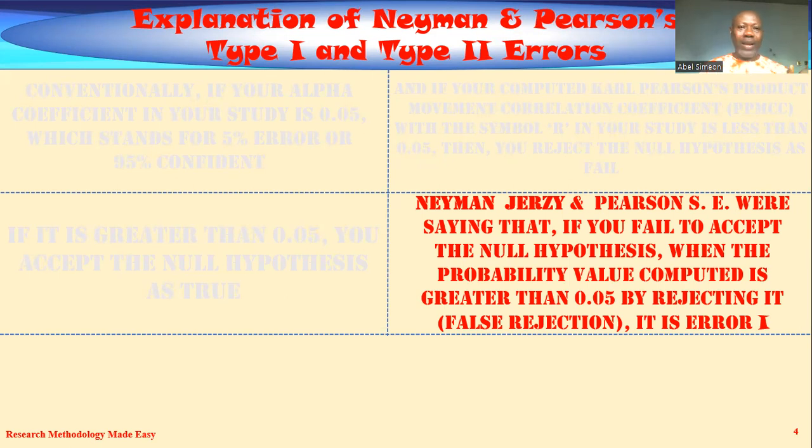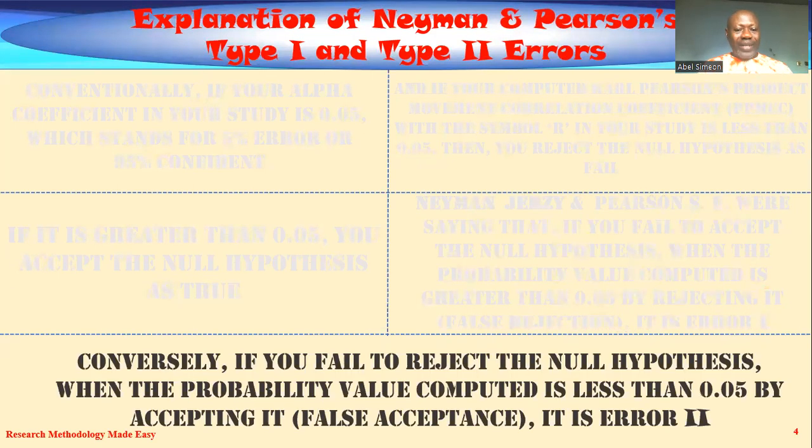That is error 1. Conversely, if you fail to reject the null hypothesis when the p-value is less than 0.05, that acceptance is false acceptance. It is called error 2. So you've known what error 1 and error 2 are by Neyman and Pearson. That's not what I'm talking about here.